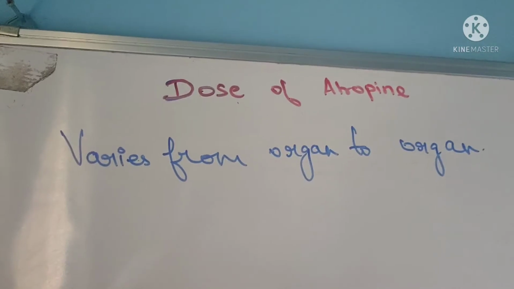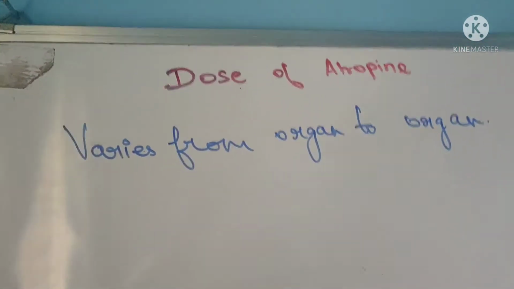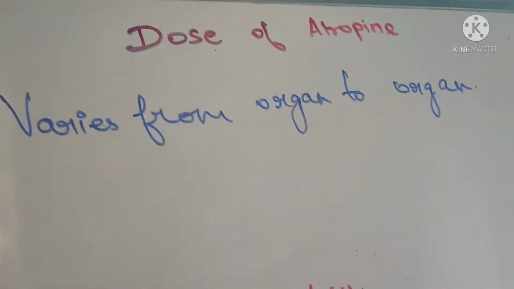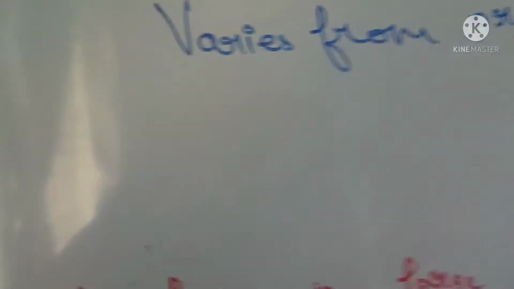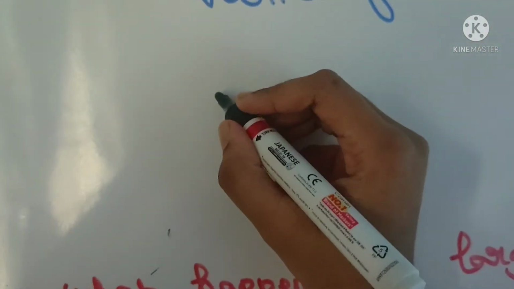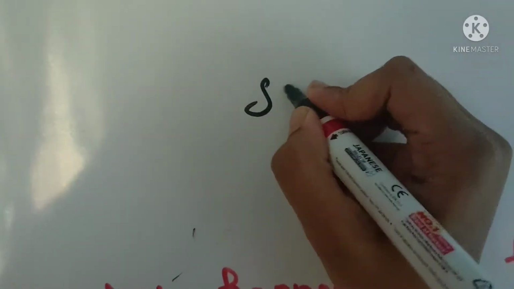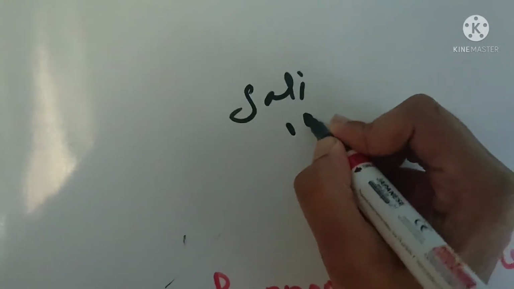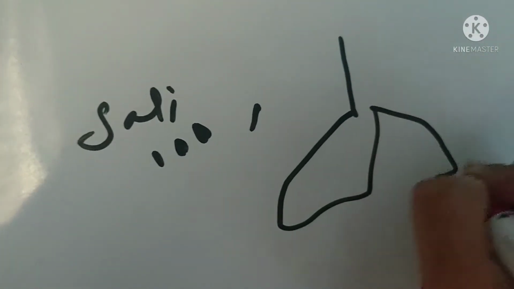The dose of atropine is very important since it varies from organ to organ, so you must remember it. With lesser doses itself, atropine blockade is very effective in salivary secretion and bronchial secretions.